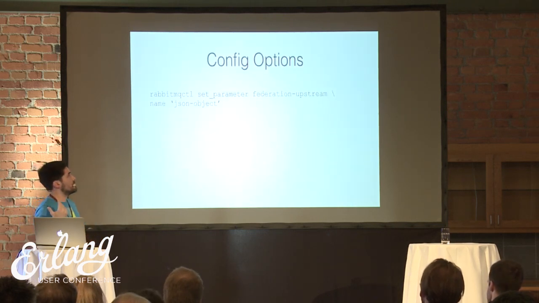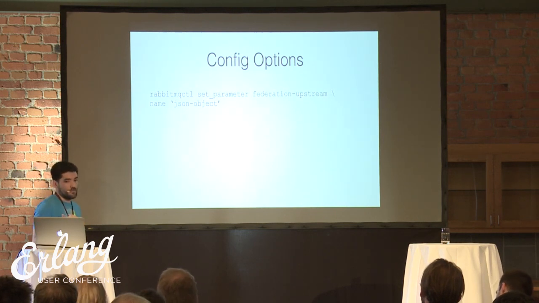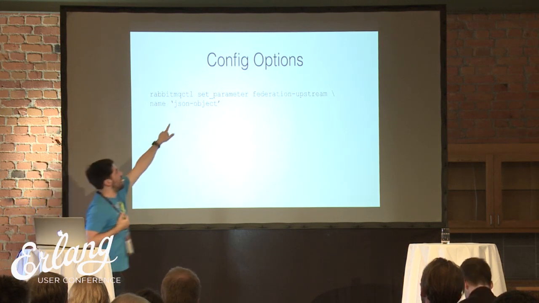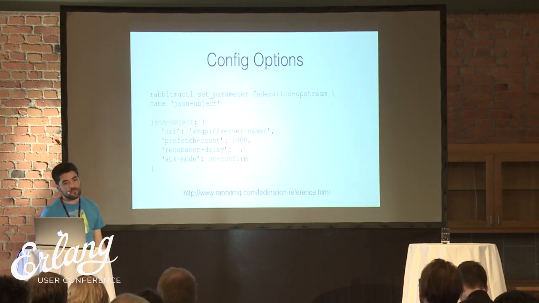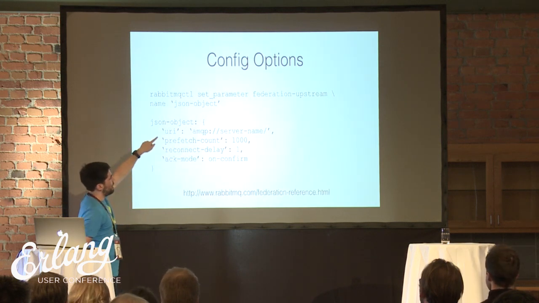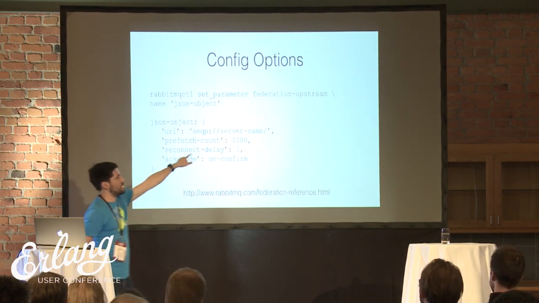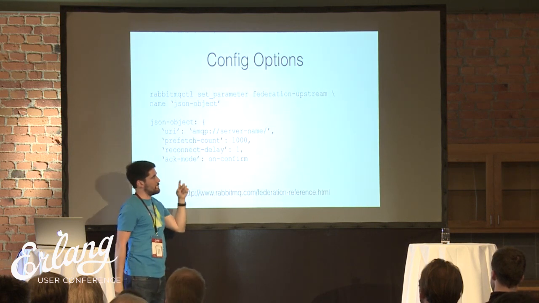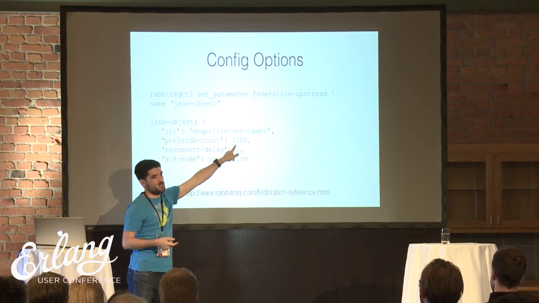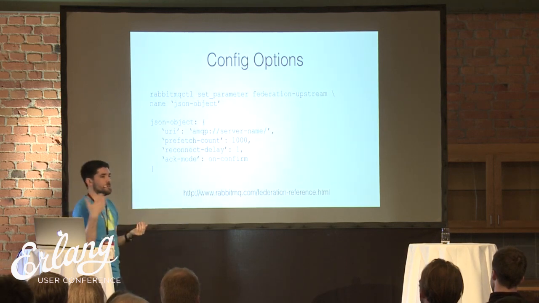Whenever you want to configure the Federation plugin, you need to have these parameter things where you get a JSON object. That can be something like the URI of the remote server, prefetch count. You are telling the consumer that is shipping messages up to how many messages it can keep in memory before RabbitMQ keeps sending it more messages.